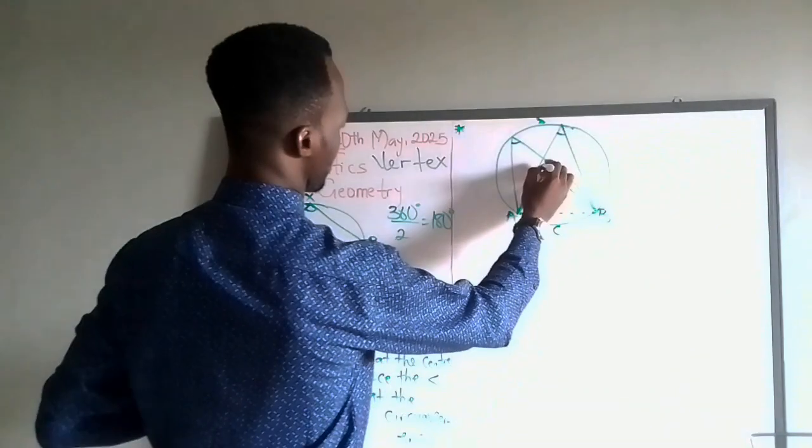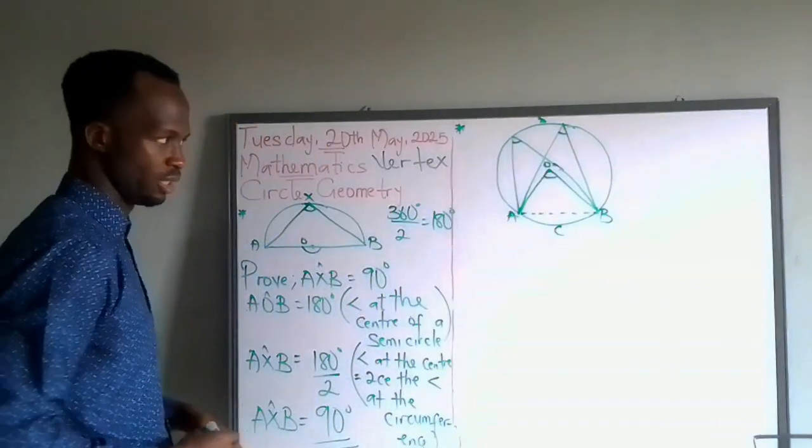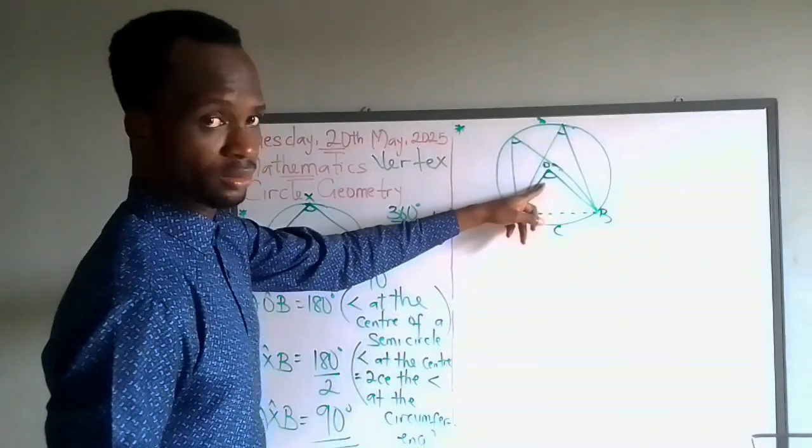Now, this is the center of the circle, O, and this is the angle at the center of the circle. Can you see that?